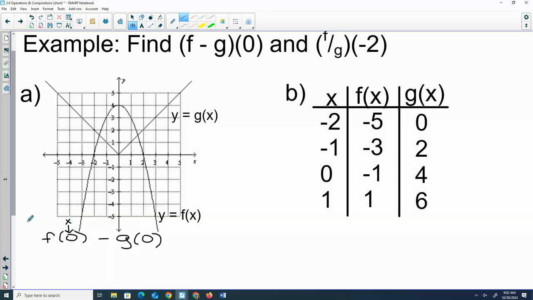F is this upside down parabola, so if I'm looking at the point on this parabola when my x is 0, what is the y value of that point? 4. Minus g of 0, so when x is 0, tell me what y is if you're on function g. G is the absolute value one. So that y value is 0, and then I ask you to subtract, so 4 minus 0 is 4.